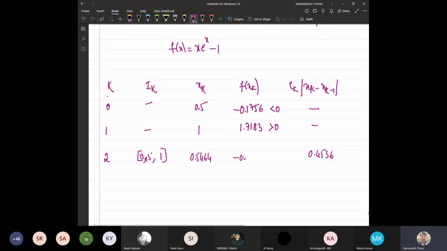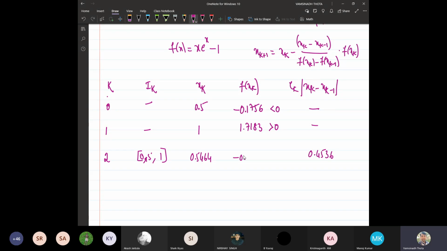By the way, in the regular falsi method also, the formula is the same, right? x_{k+1} is equal to x_k minus (x_k minus x_{k-1}) upon (f at x_k minus f at x_{k-1}) times f at x_k.